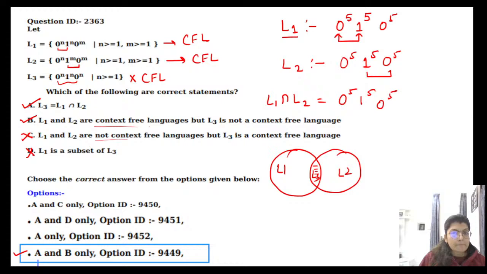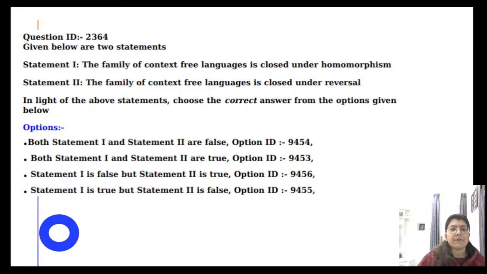Next question. Okay, so this, we have discussed already. The family of context-free language is closed under homomorphism, and the family of context-free language is closed under reversal. So which of the following is true?